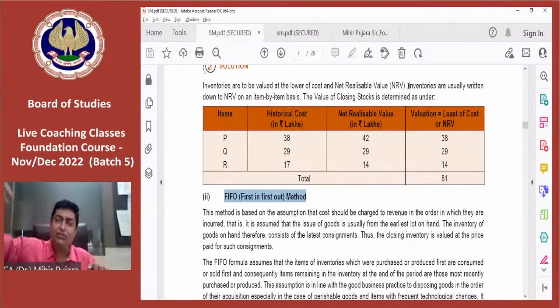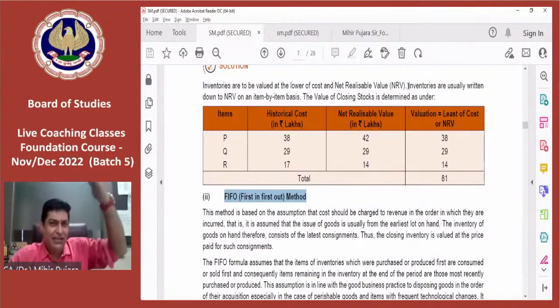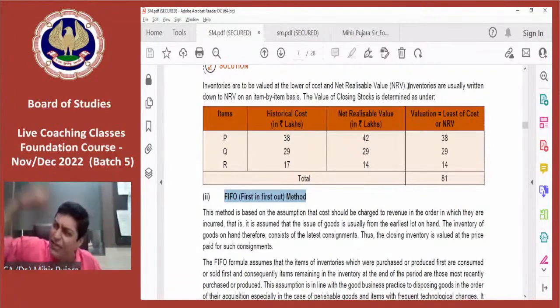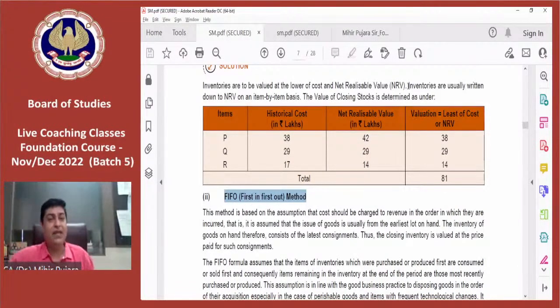First you will issue 1st July stock, then you will issue 10 July stock, then you will issue 15 July stock. The sequence in which you have purchased, in the same sequence you will sell, you will issue. So I can say earlier purchased goods are issued first.